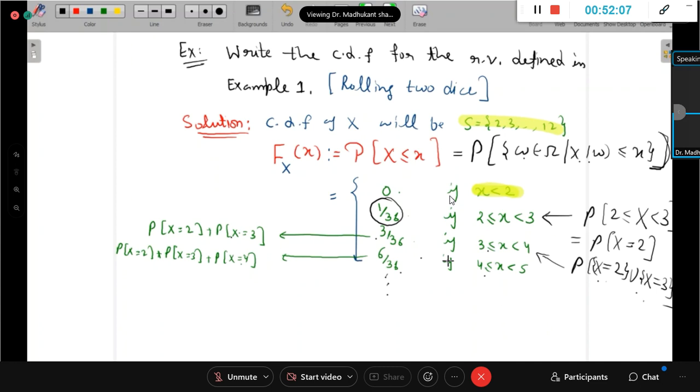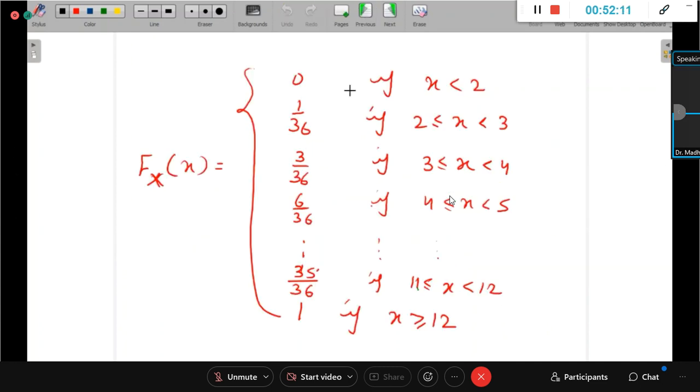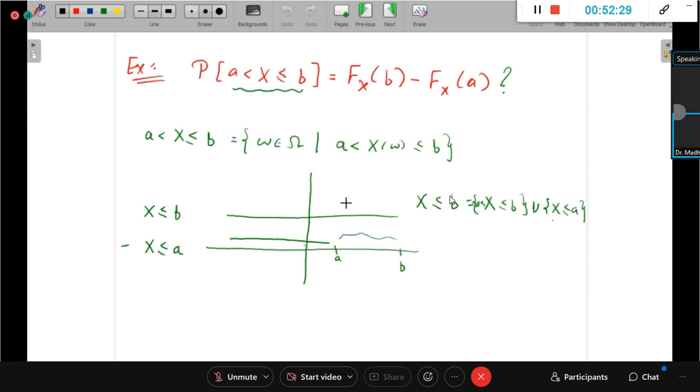If you are going to plot it, it's going to be increasing. I have written down all the possible things here so that later you can match them with your results. So F_X is a step function, it's an increasing function.